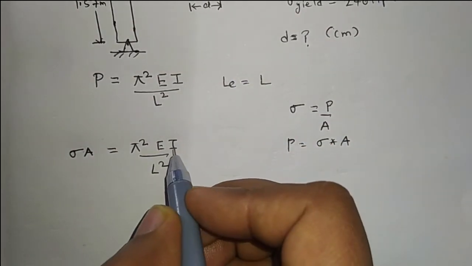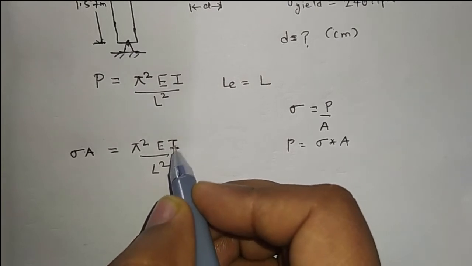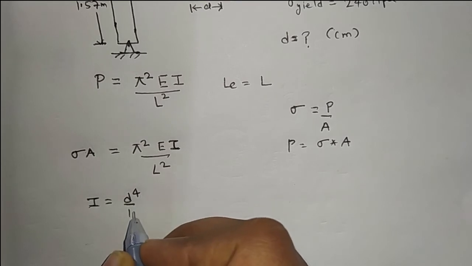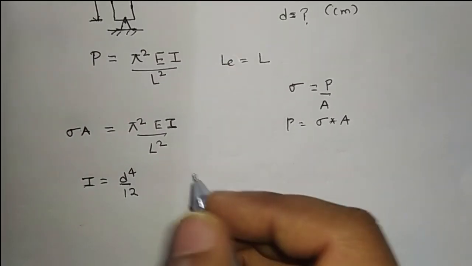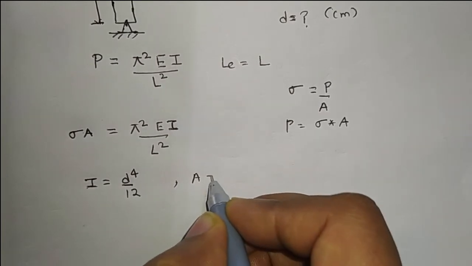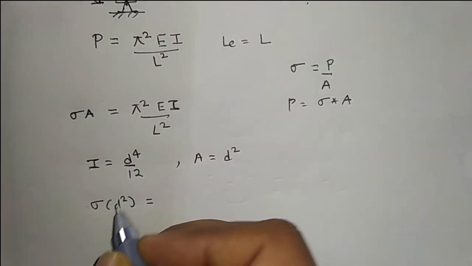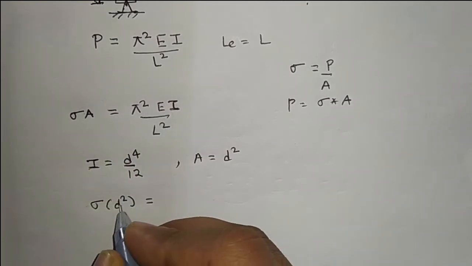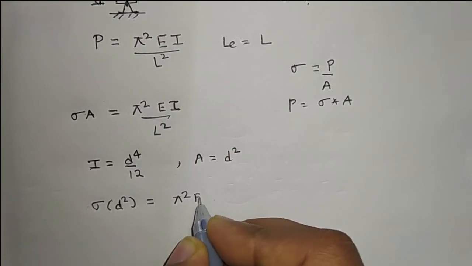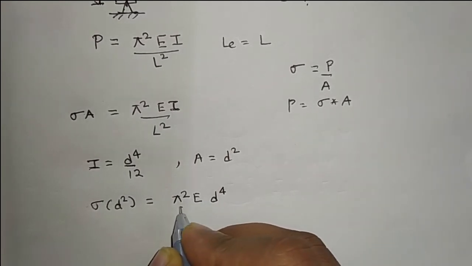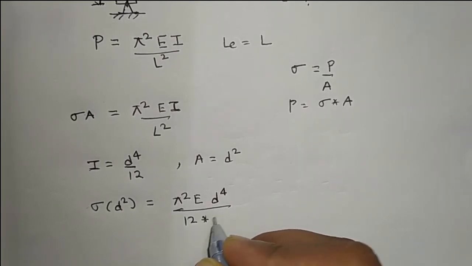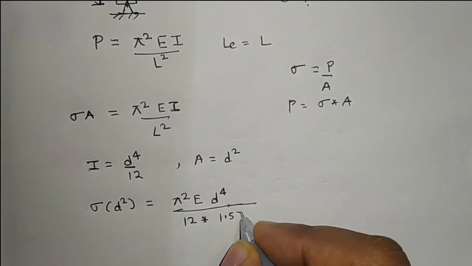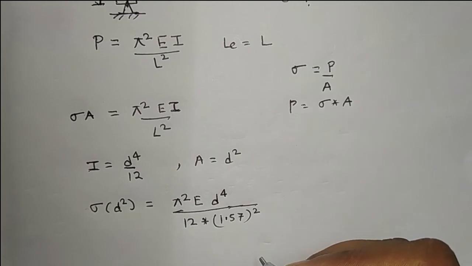For the square cross section, the second moment of area will be equal to d power 4 divided by 12, and the area is nothing but d square. So we can put the value of area and the value of I in this equation: pi square E d power 4 divided by 12 into length 1.57 whole square.